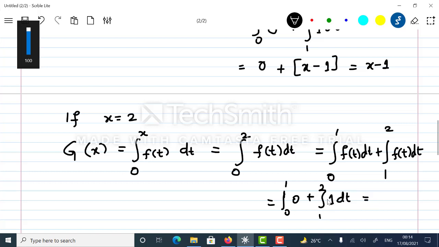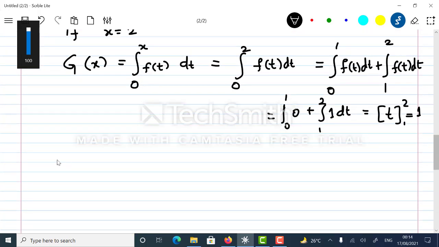So integration of 1 is t. T goes from 1 to 2. So 2 minus 1 is 1. So g of x is equal to 1 if x is equal to 2.